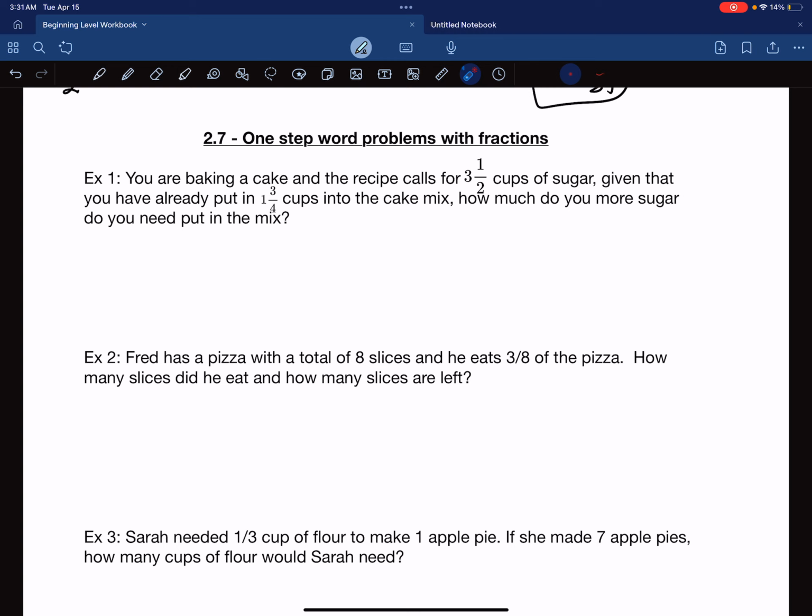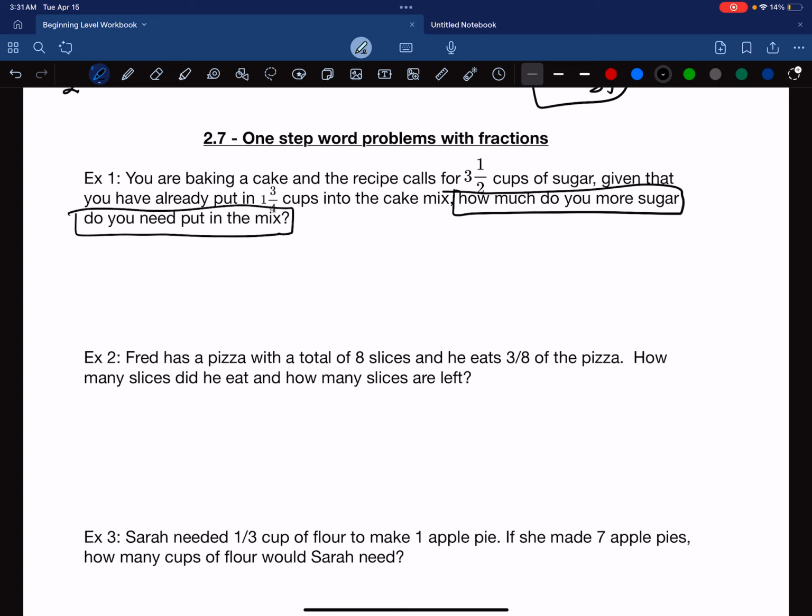So we want to know how much more sugar we need. We know that we need a total of 3 1/2 cups, and we've put in 1 3/4 cups. So to figure out how much more we need to put in, we're going to take this 3 1/2 cups and subtract 1 3/4 cups.